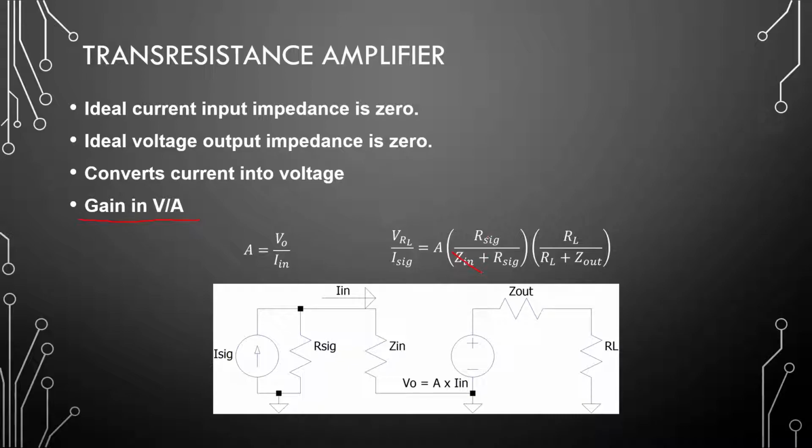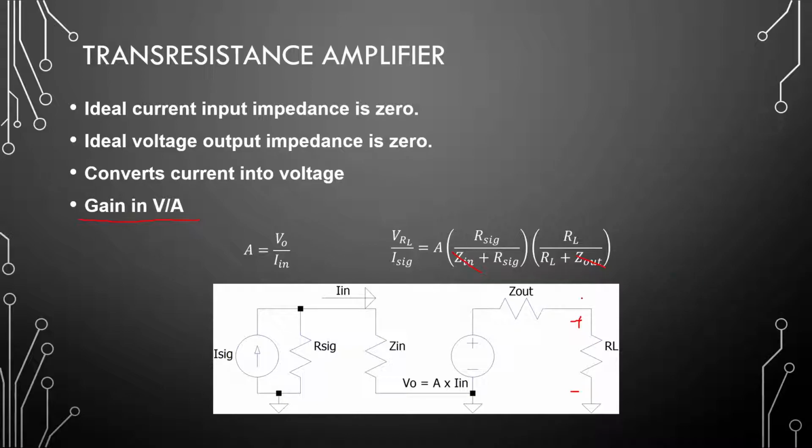If that goes to 0, we have best input loading, and if output impedance goes to 0, we have best output loading. Everything goes to the load like that. Right, this can also be converted to a voltage amplifier, and that is by multiplying with 1 over the input impedance of this amplifier.